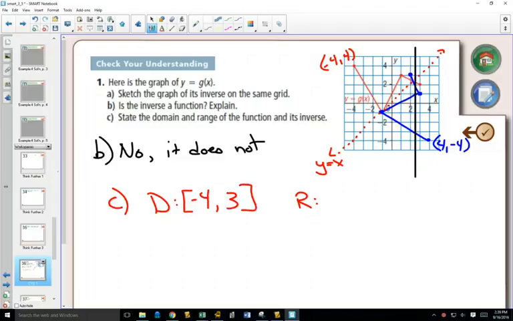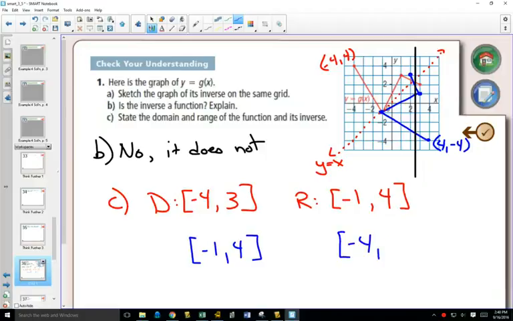For our range of our red graph, the smallest value is at negative 1, and the biggest value for our range is 4. Now when we look at our inverse image, now our domain goes from negative 1 to 4, and our range goes from negative 4 up to 3.